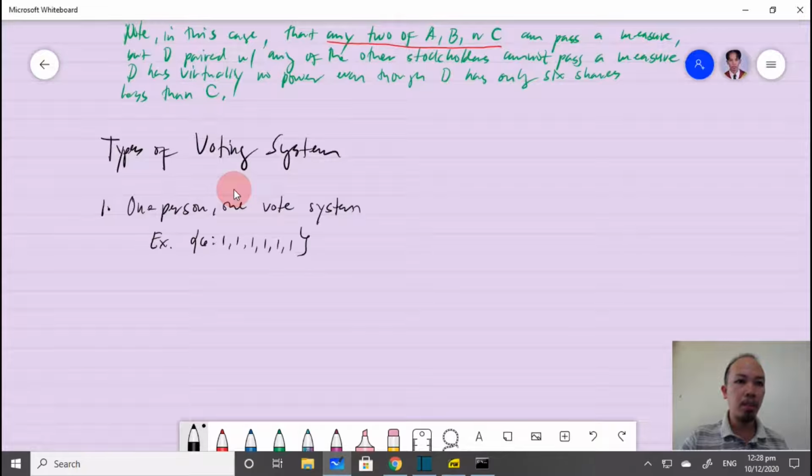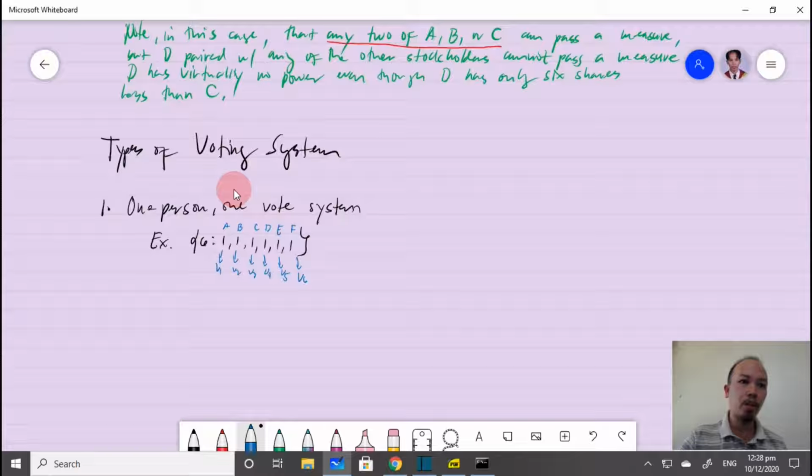Each person or each voter, let's have voter v1, v2, v3, v4, v5, and v6. You can also name them A, B, C, D, E, F. They are just the same. Each voter has one vote.